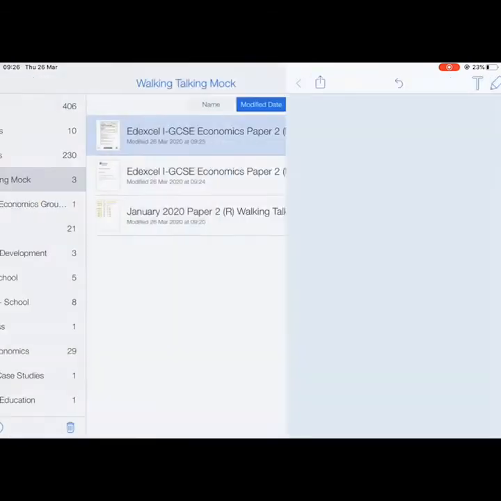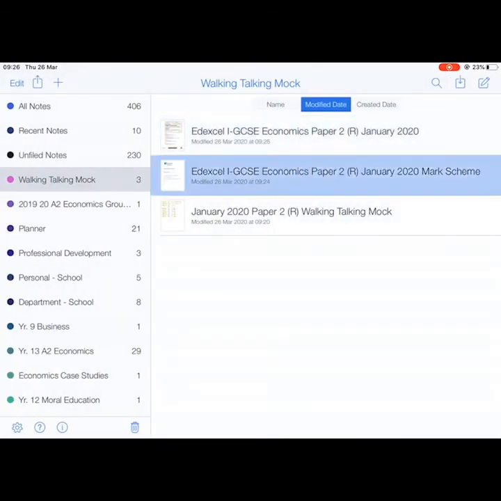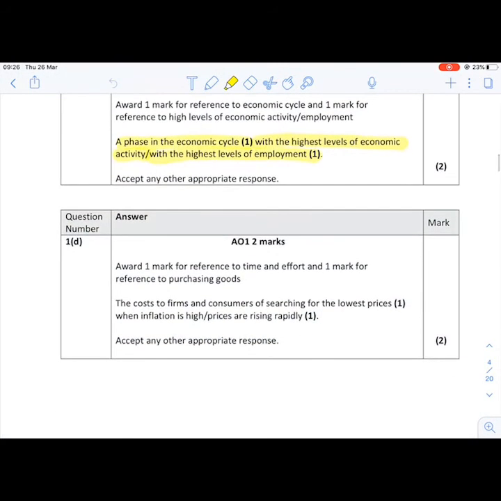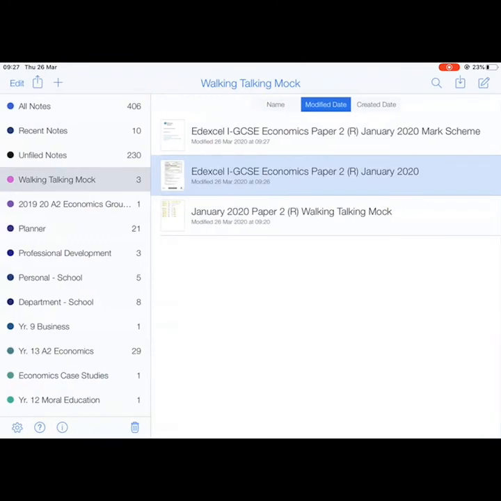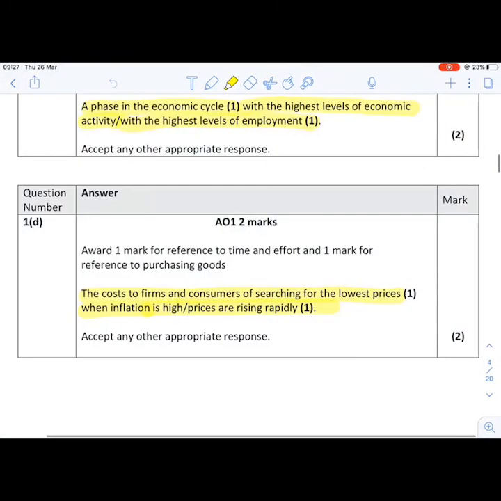Okay, so we'll just go to the mark scheme and have a look at their answer there. It says the cost to firms and consumers of searching for the lowest prices when inflation or price levels are high or are increasing. Okay, and that would be your answer for that question.